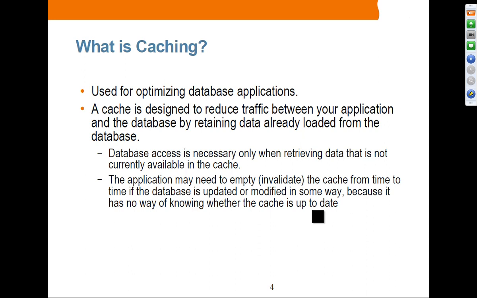The application may need to empty or invalidate the cache from time to time if the database is updated or modified in some way, because it doesn't have a way of figuring out if the cache is in fact invalid or not. Meaning, if somebody has changed it in a different channel, then your application might have to invalidate or empty the cache once in a while.